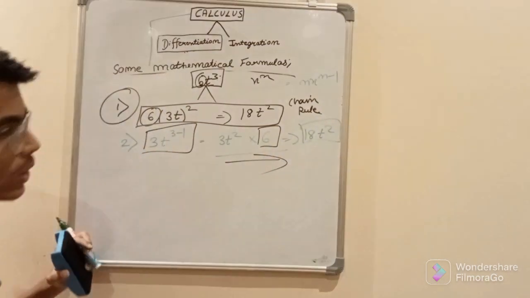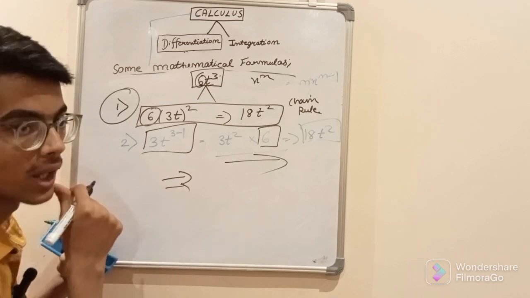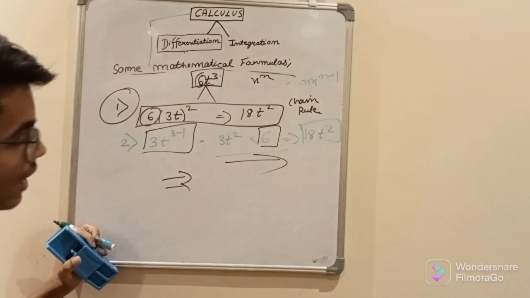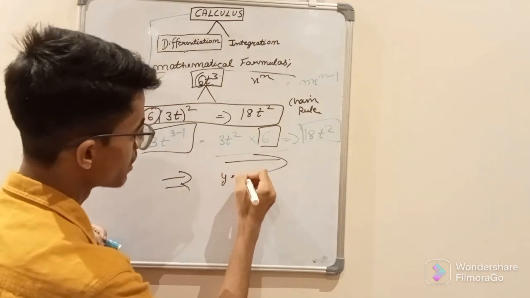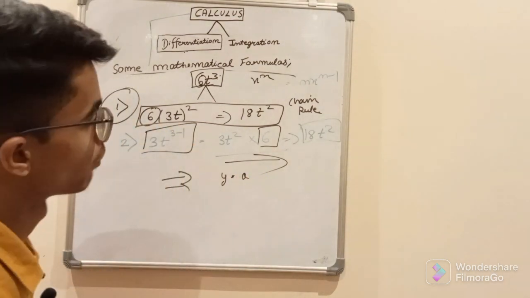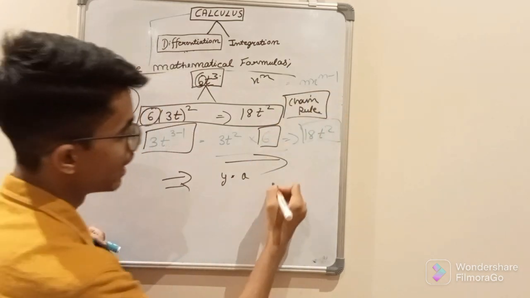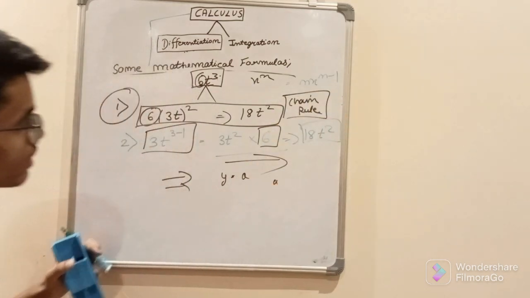Now, what is chain rule? Now, there are many formulas which cannot be proved, and many differentiation questions which cannot be solved just by the help of those mathematical formulas. We have to use a rule called chain rule in order to differentiate those questions.